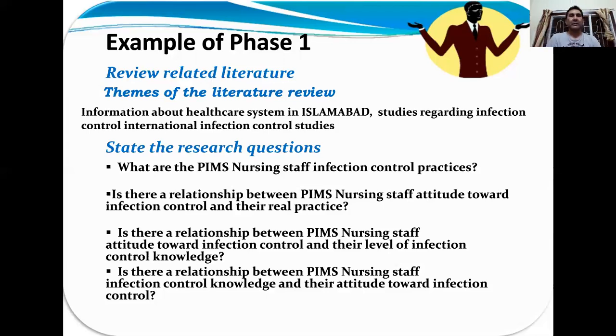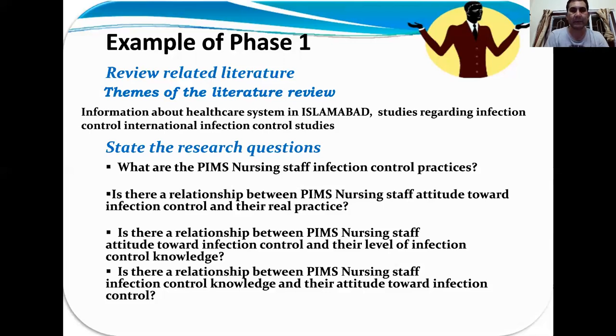Okay. And the other question: is there a relationship between the PIMS nursing staff attitude toward infectious control and their level of infectious control knowledge? In the previous question, he wants to see the relationship between attitudes towards infectious control and real practice, and in this one, between attitudes towards infectious control and knowledge in controlling infections.